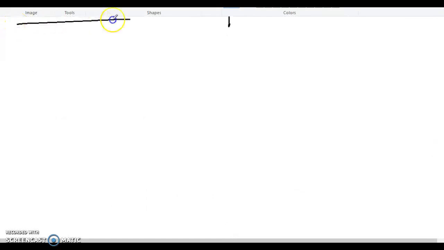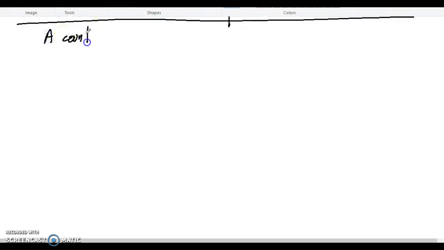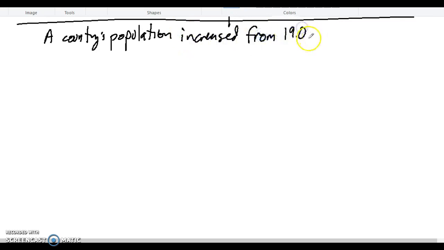And how about an application? Let's say we've got a certain country whose population increased from 19 million to 22.6 million in 10 years.